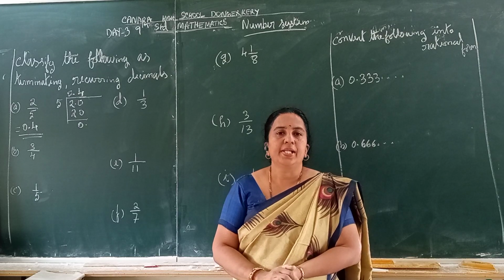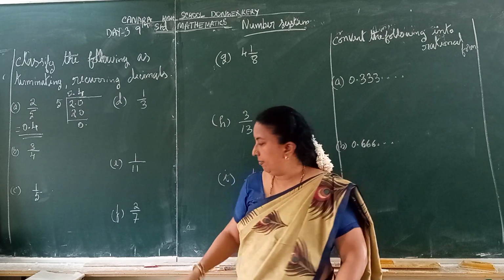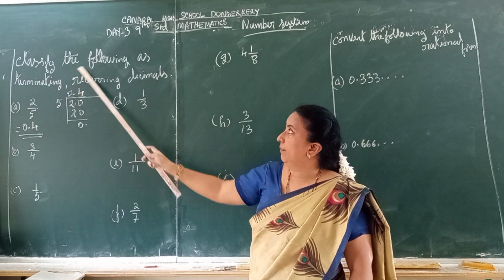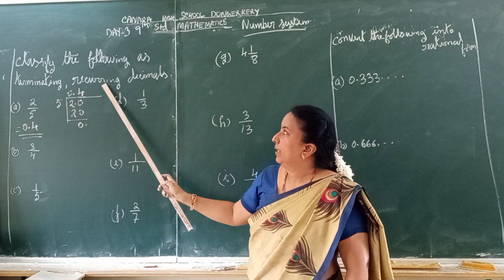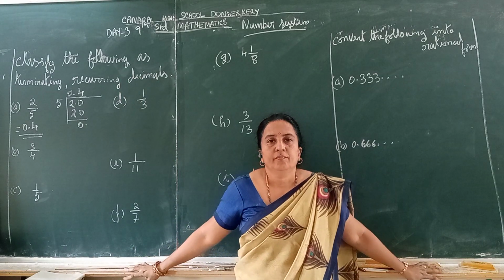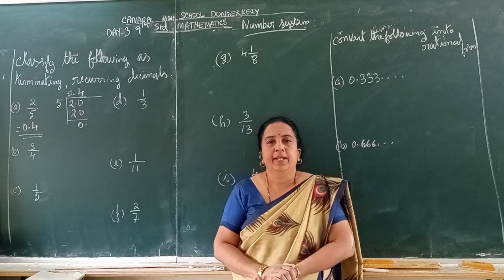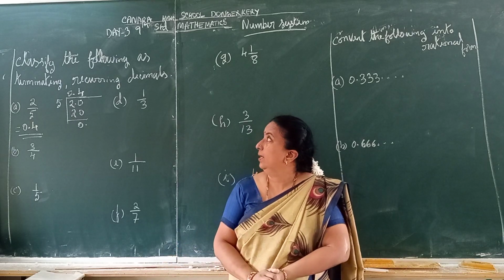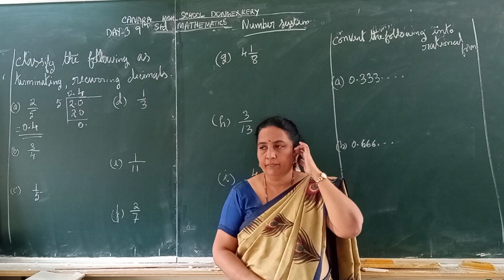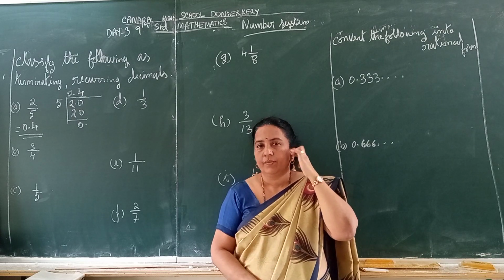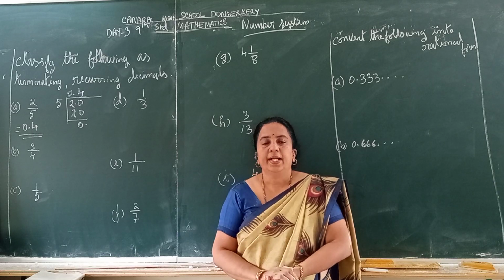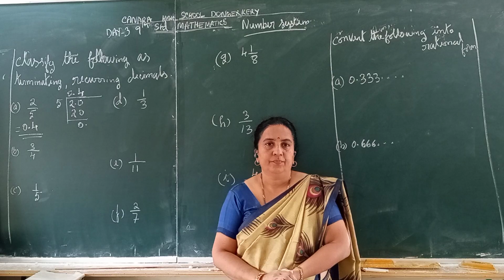Let us write today's first question. Classify the following rationals as terminating or recurring decimals.